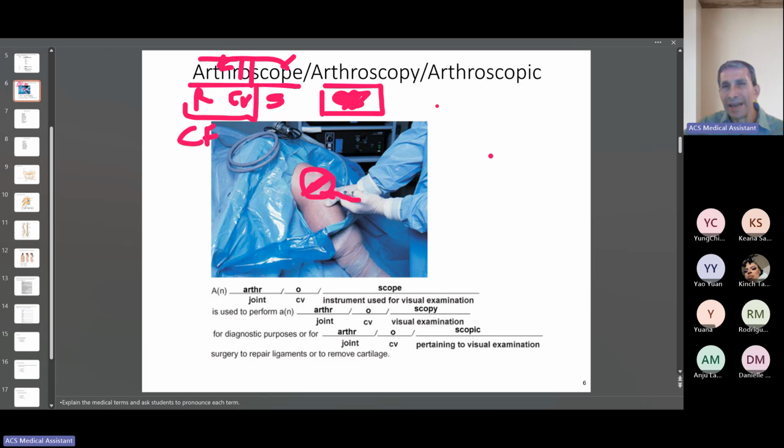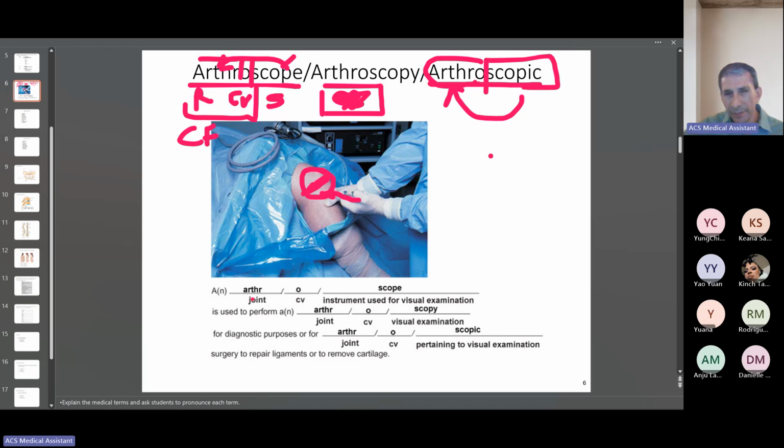That is the scope, the instrument. Now, arthroscopic. Scopic means pertaining to an instrument that is used to check inside the articulation, the joint. That's basically what it is.